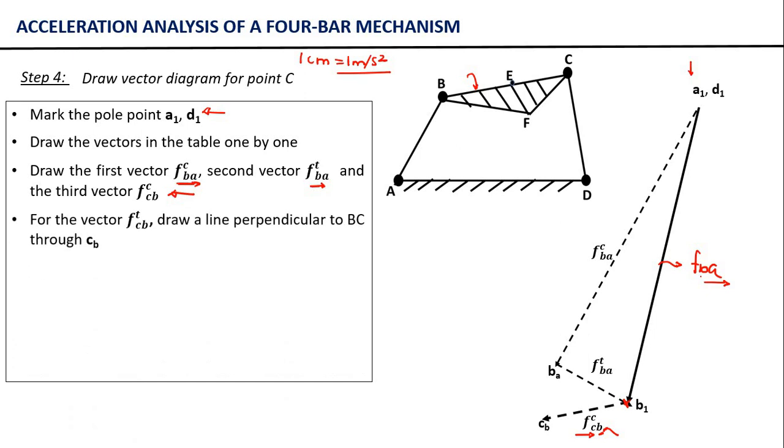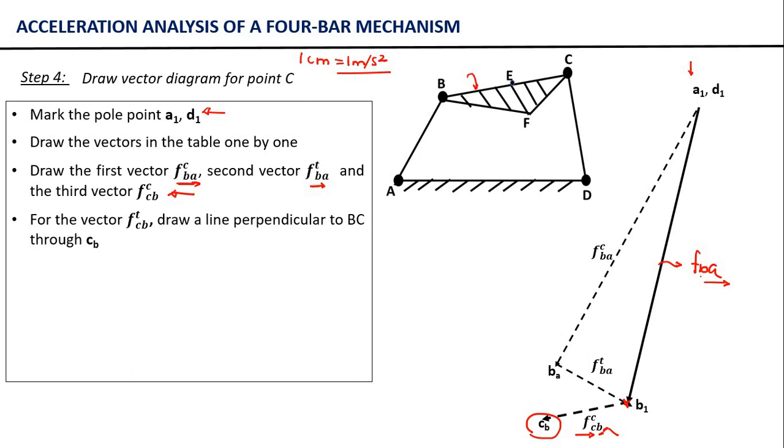We know that right now the magnitude of this vector is not known to us. So what we are going to do, we will simply draw a line perpendicular to length BC through this point CB to represent the direction of FCBT. Right now we are simply drawing the direction of this vector. We don't care about magnitude.